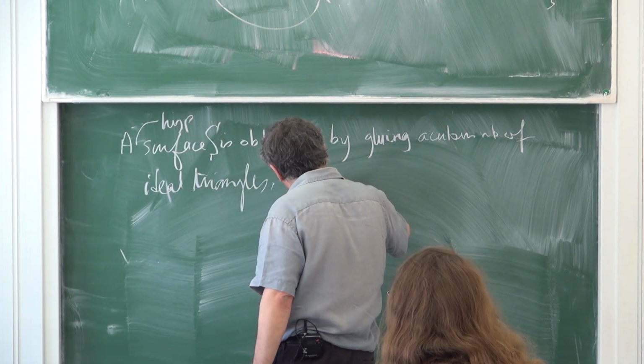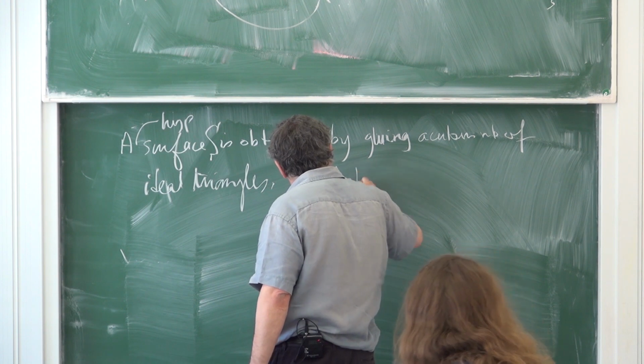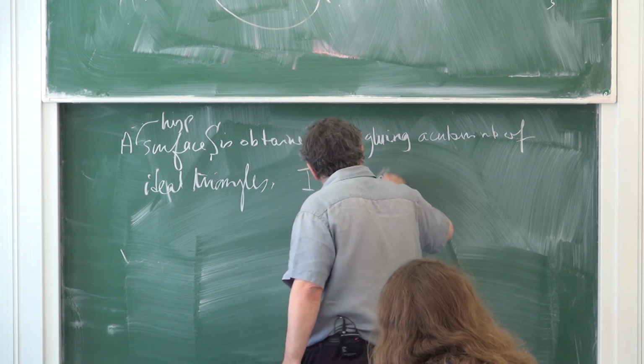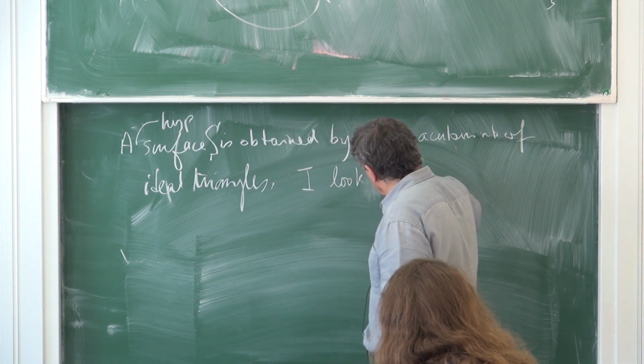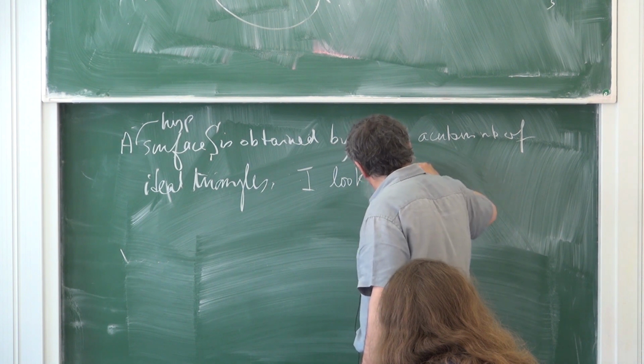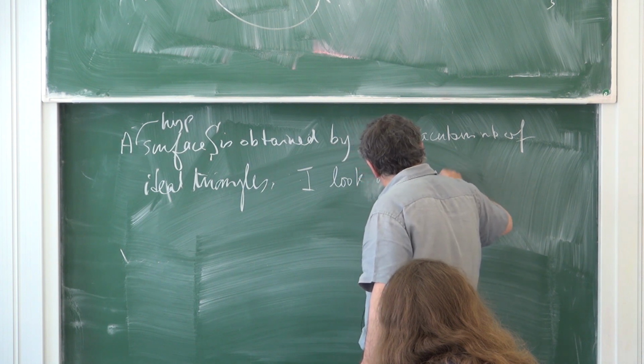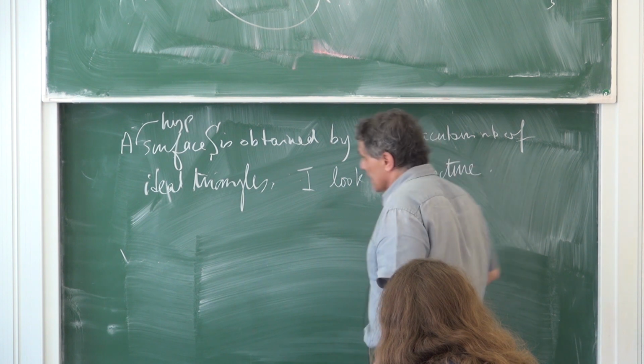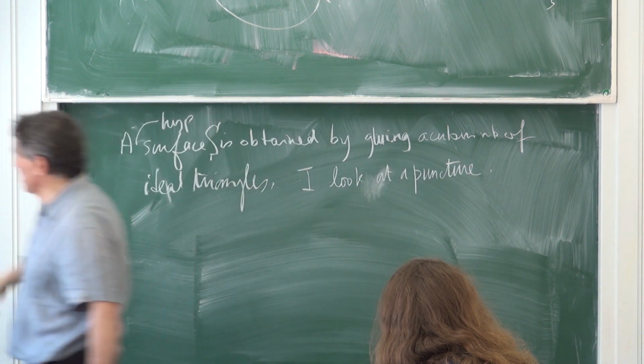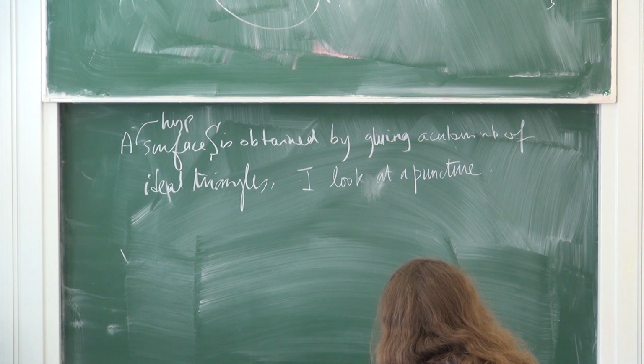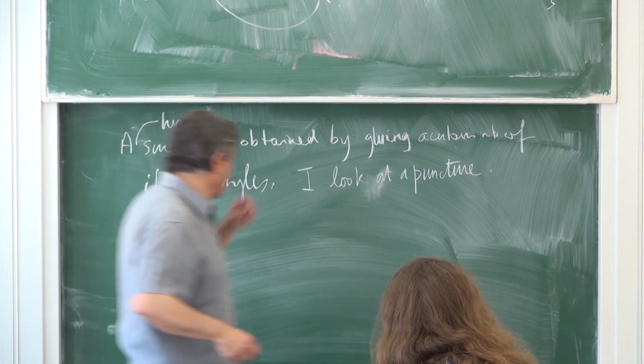And I look at a puncture. This surface has punctures because I'm gluing these ideal triangles along their sides, and then there's always a missing point at infinity.